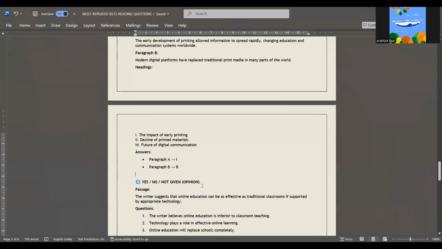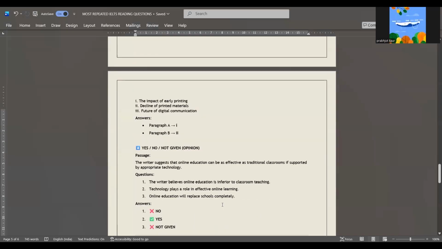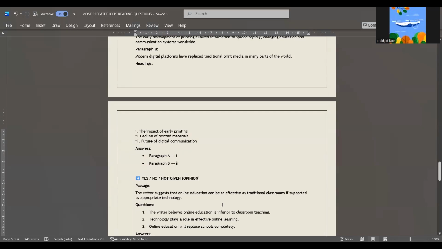Yes, no, not given, opinion. The writer believes online education is inferior to classroom teaching. The writer suggests that online education can be as effective as traditional classroom if supported by appropriate technology. So relatively, online education is inferior to classroom teaching.